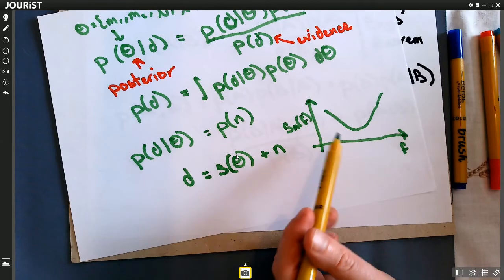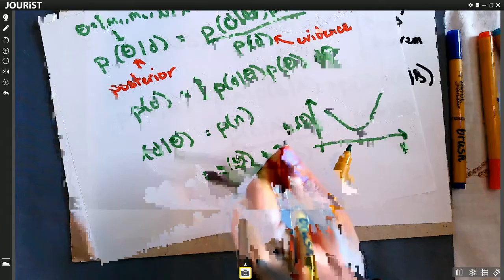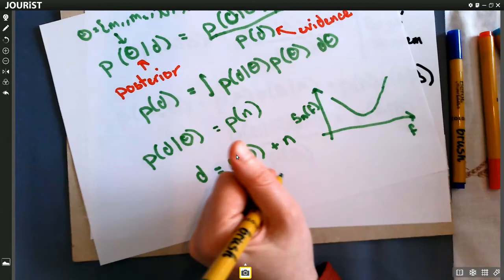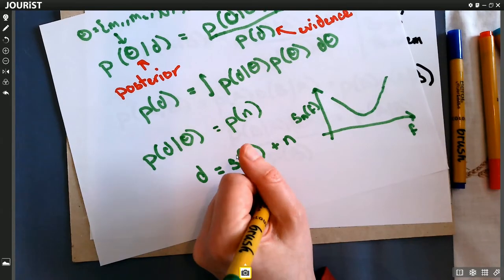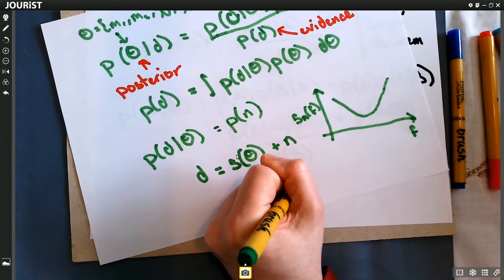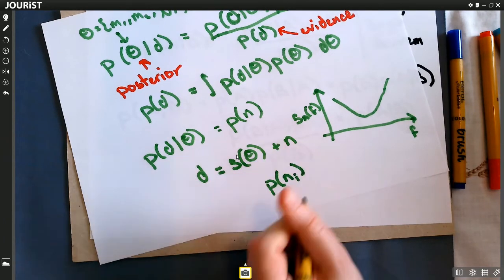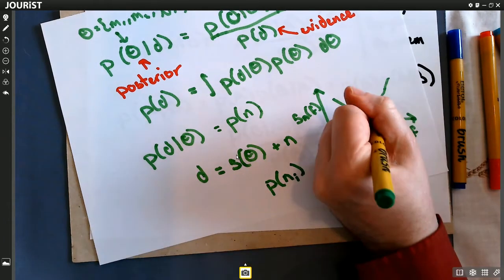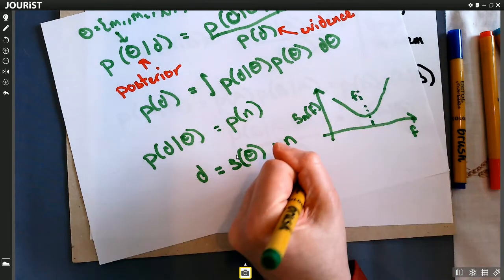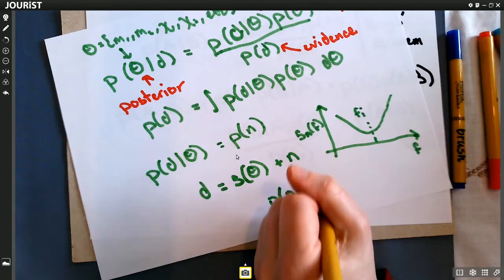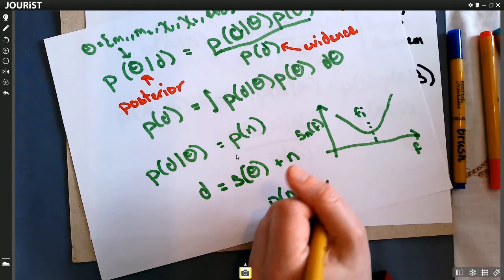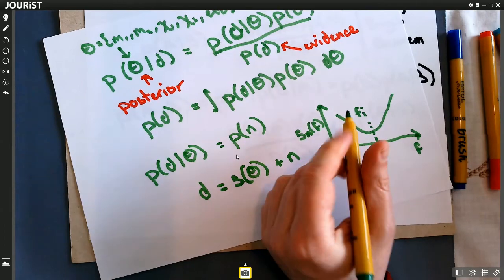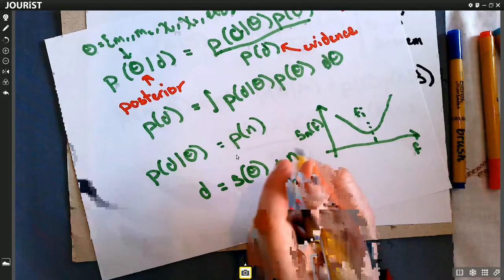So our probability of getting noise at a particular frequency, let's call that n_i to denote it's at some frequency f_i, is just going to be a Gaussian with zero mean and a variance set by the noise curve at this particular frequency.